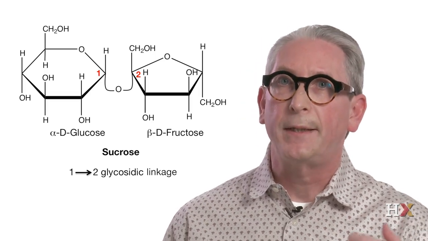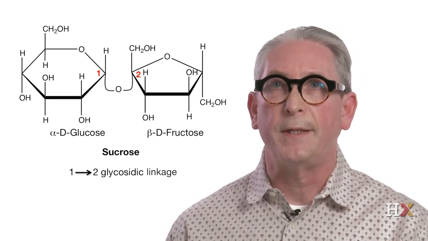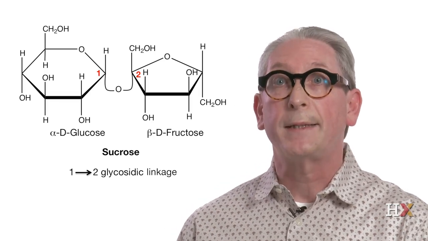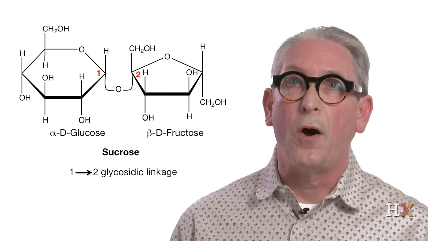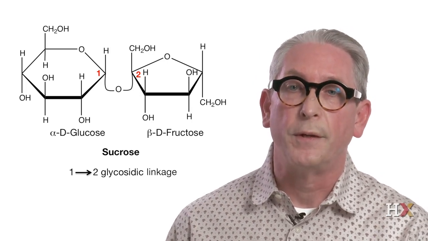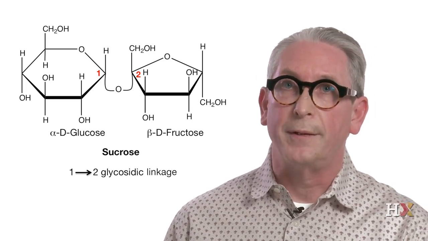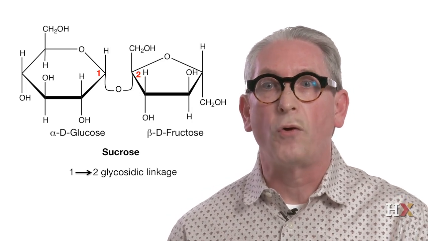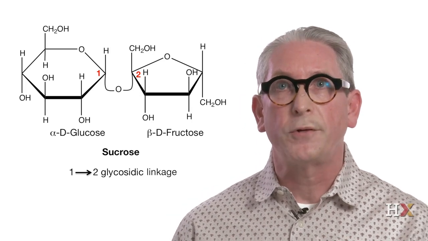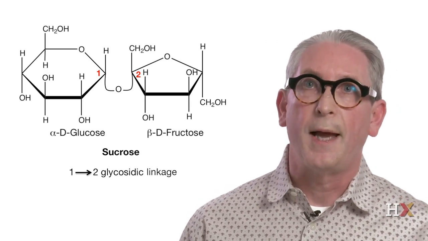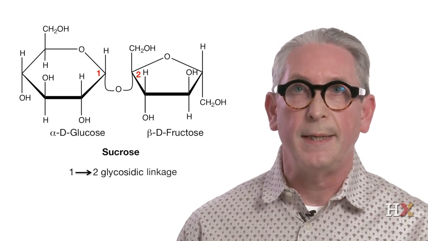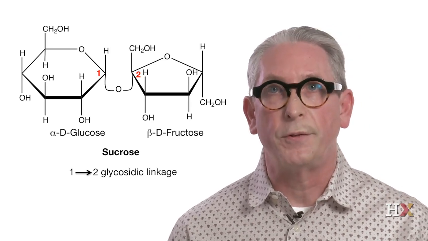So the anomeric carbon of alpha-D glucose reacts with the carbon 2, which is also the anomeric carbon, of beta-D fructose. The product, the disaccharide, is called sucrose, and because the two reducing groups of the sugar units are engaged in the glycosidic linkage, we have a non-reducing sugar.